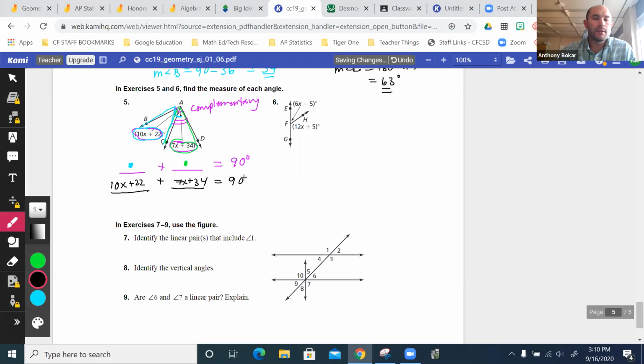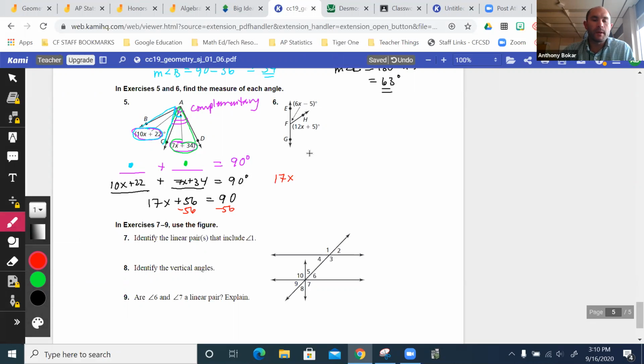That's going to be 90 degrees. We can solve for x and combine like terms. 10x and 7x is 17x. 22 and 34 is 56. That totals to 90. And then you can subtract 56.